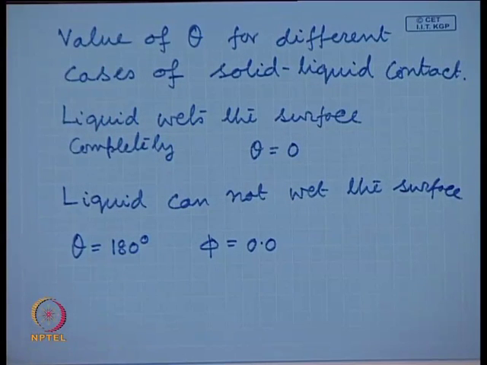So, if phi is equal to 0, then it is making the energy requirement 0 and it is also making the requirement of degree of superheat equal to 0. That can be shown. So, as soon as the saturation temperature is reached, we will have vaporization.